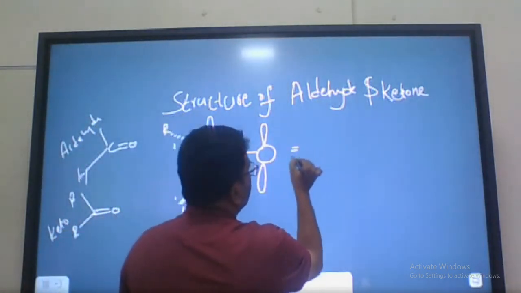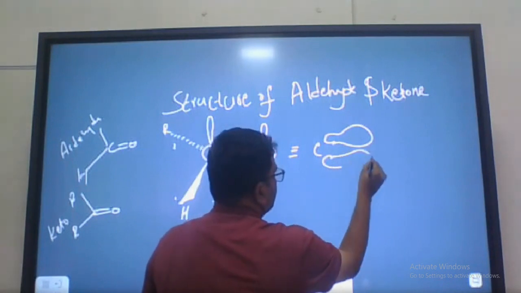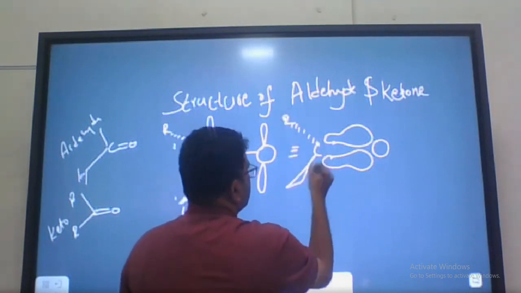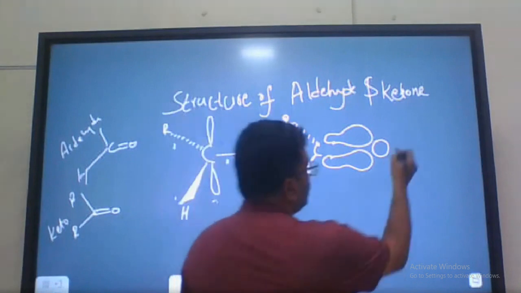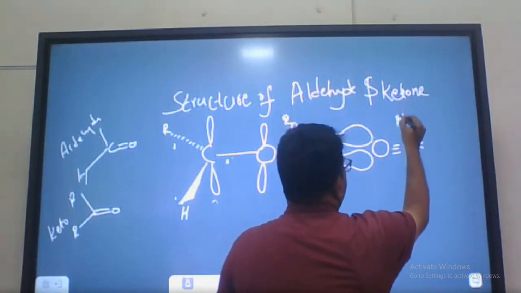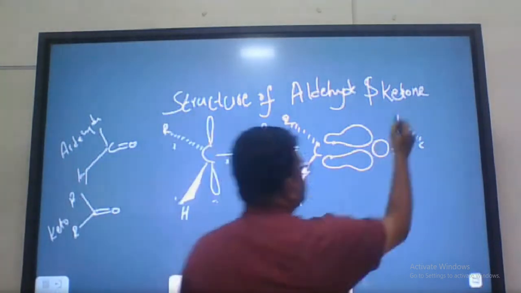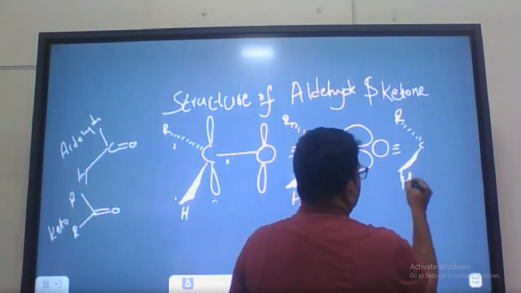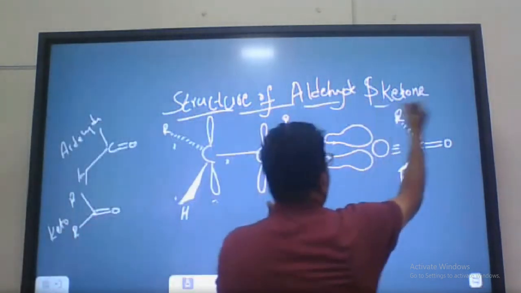This forms the pi bond. This is actually the structure of aldehyde and ketone.